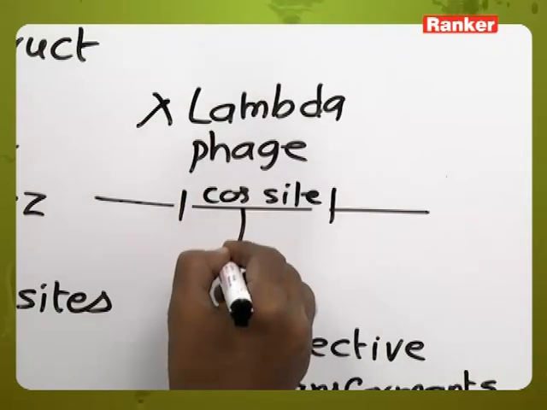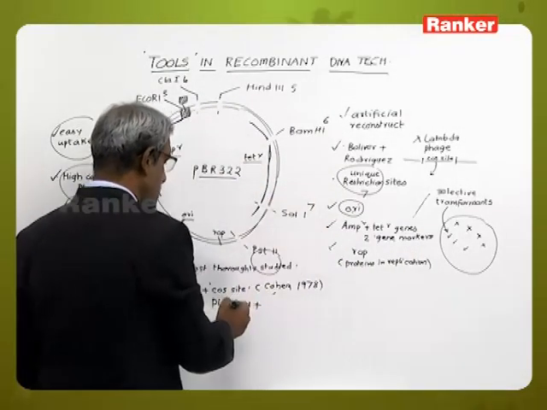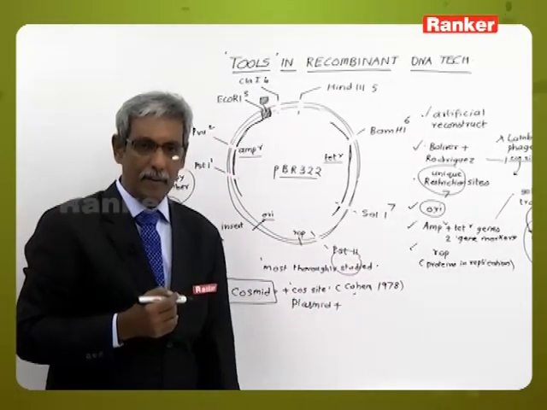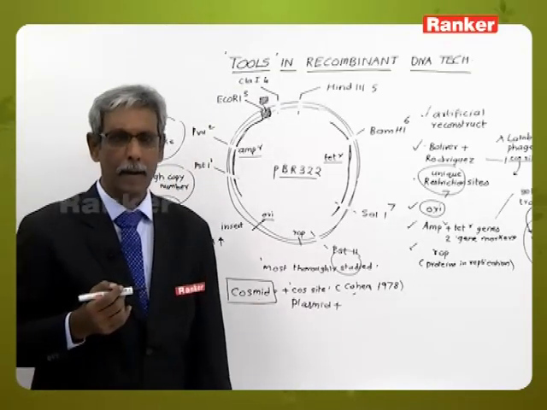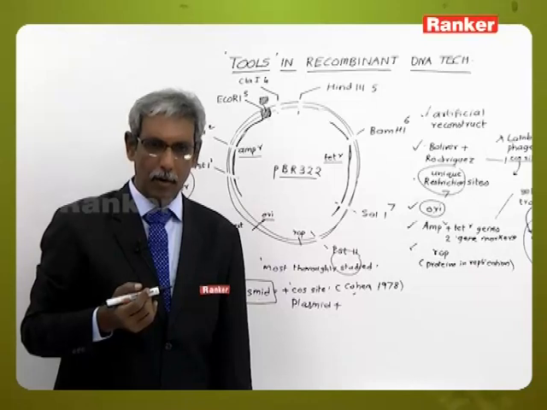This cos site has been taken and attached to a plasmid, and a plasmid with a cos site is termed a cosmid. So we have different constructs of vectors, like a plasmid or a cosmid.